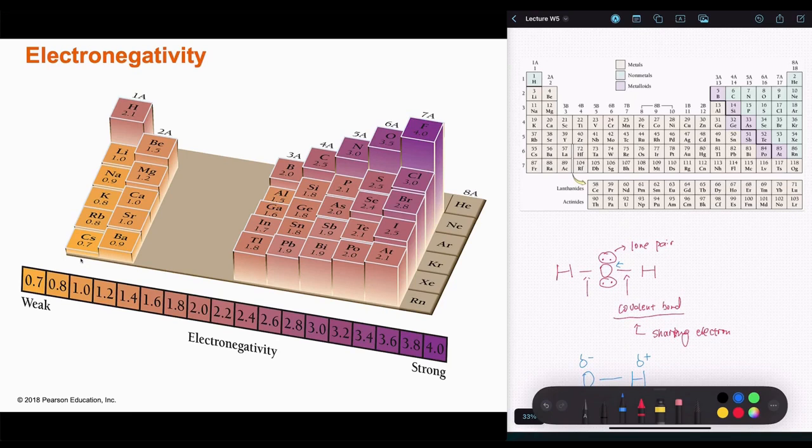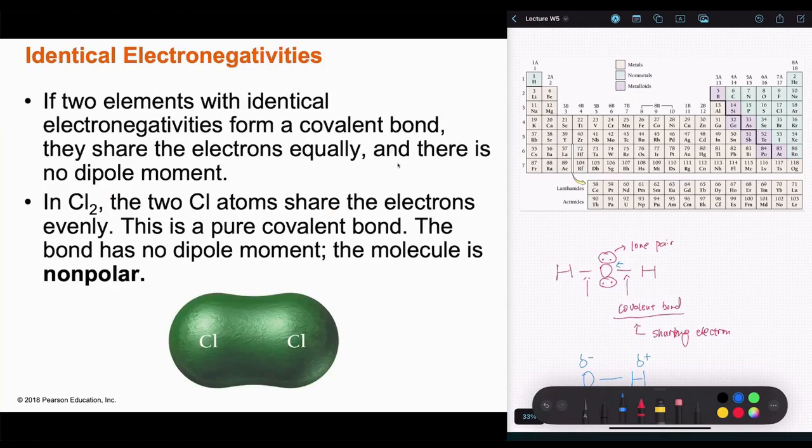Basically, the trend is from the lower left to the upper right. The electronegativity of the elements is gradually increasing, which means the ability to drag the electron to itself is gradually increasing. This is about the electronegativity scale of the elements within this periodic table.